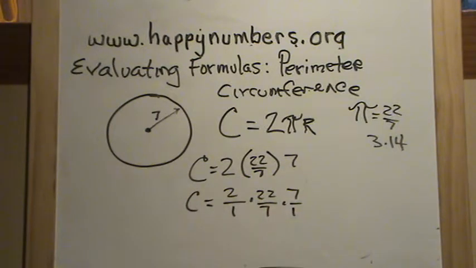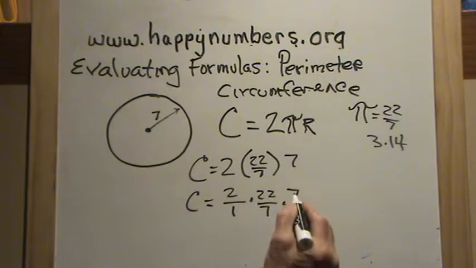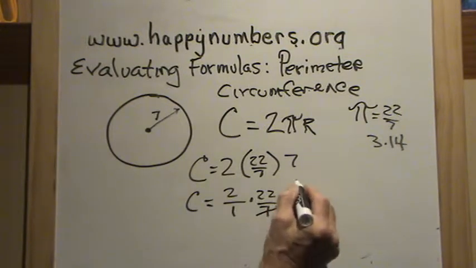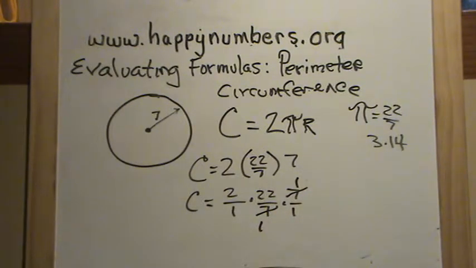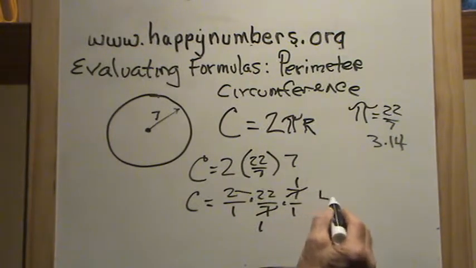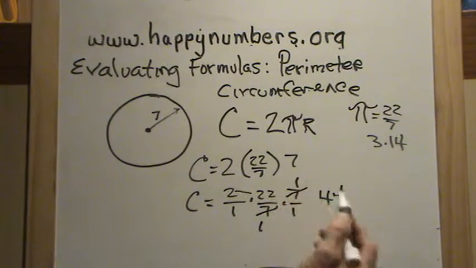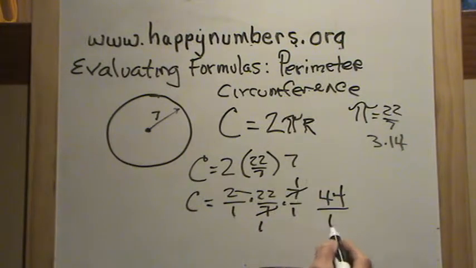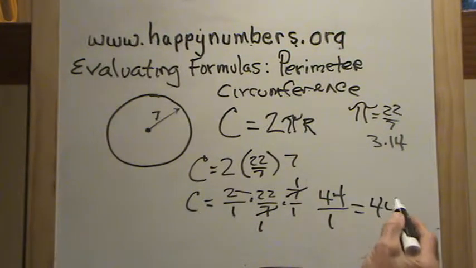And now I have a multiplication of fractions. So now I can cancel this and cancel that. It goes one time and one time. And now when I multiply, 2 times 22 is 44. 44 times 1 is 44 over 1, which is 44.